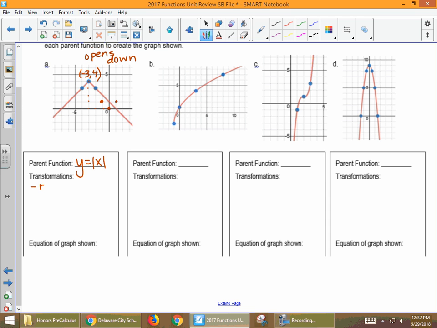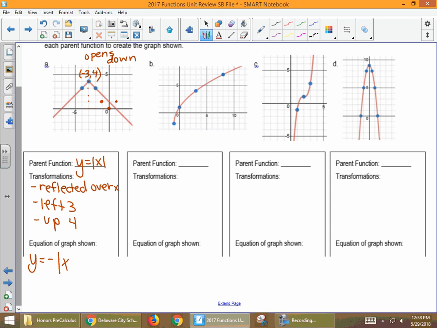It's reflected over the x-axis. It's moved left 3 and up 4. So our equation, to get that reflection, we need a negative on the outside of our function.